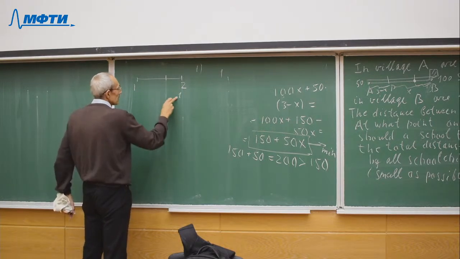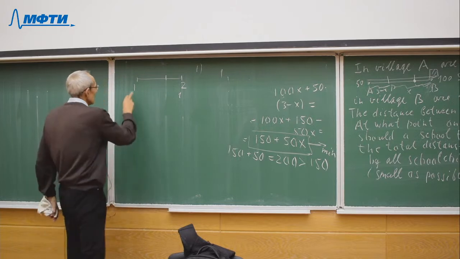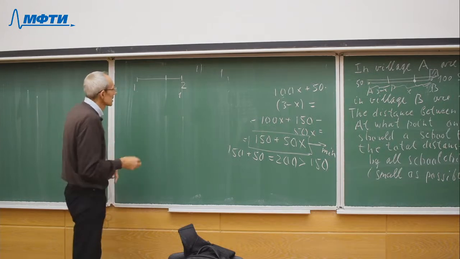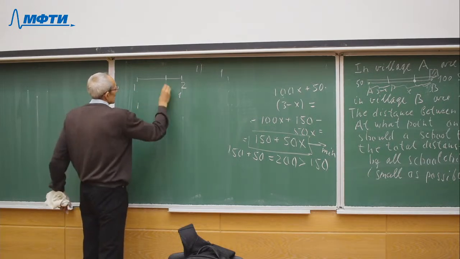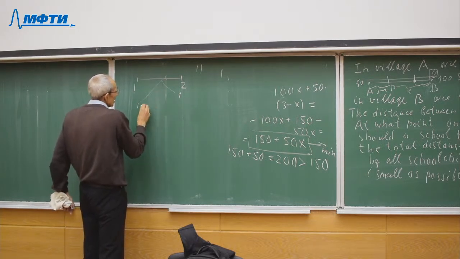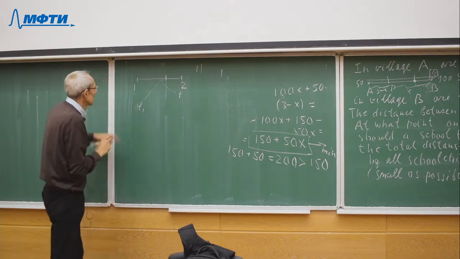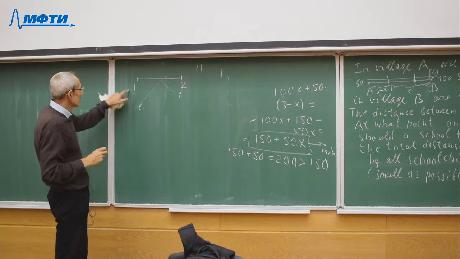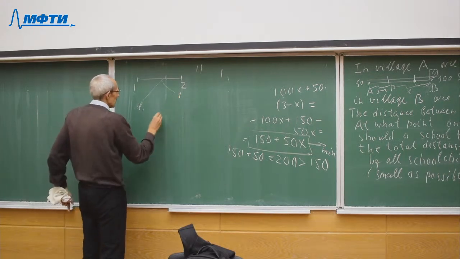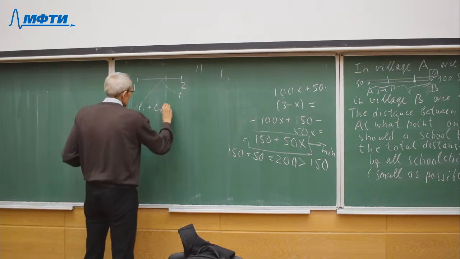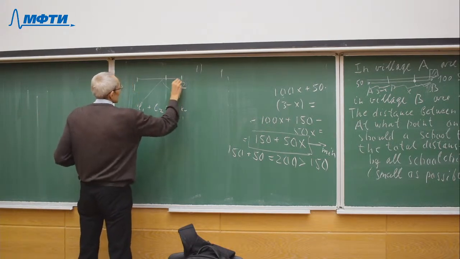Let's choose 1 student from village B and 1 student from village A. The sum of distances, this x and this 3 minus x, the sum, that's L1, the distance which the first student must travel, and L2 which the second student must travel. The sum is 3 kilometers.